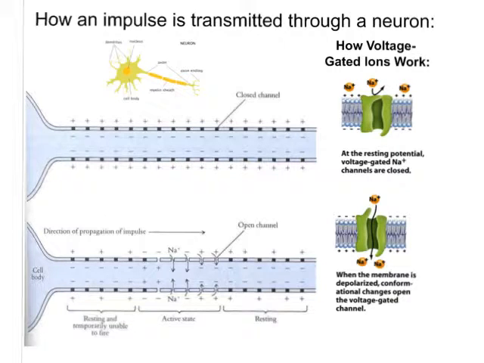Well, when they open, there are all kinds of ions going different places, and we have the propagation of an impulse that travels down that axon as the different ions travel in and out of the axon. An electrical impulse is generated and it travels down that axon.